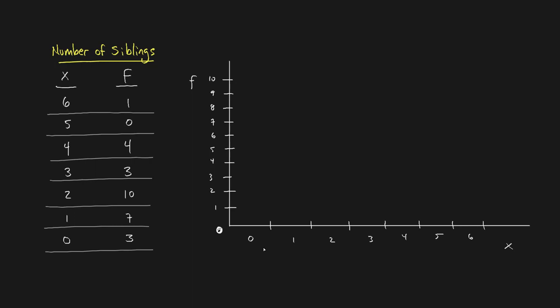Okay, so now I can go through and create my bars for these. For 0, it's going to go up to 3. Oops, what am I doing here? Oh, that's not what I wanted.